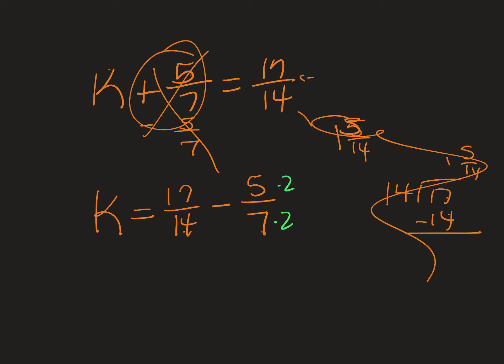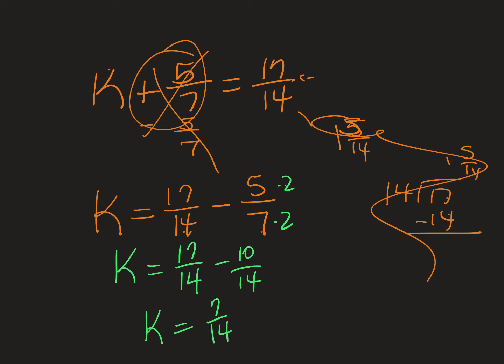Of course, what I do to one part of the fraction, I have to do to the other, which gives you 10 over 14. K equals 17 minus 10 is 7 over 14. And you can either leave it with that, or you can change it to 1/2.